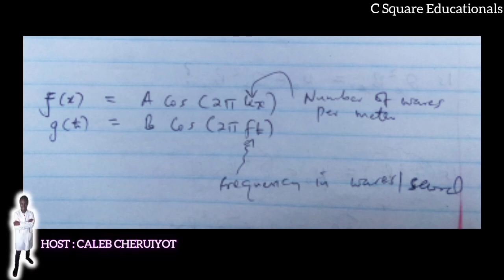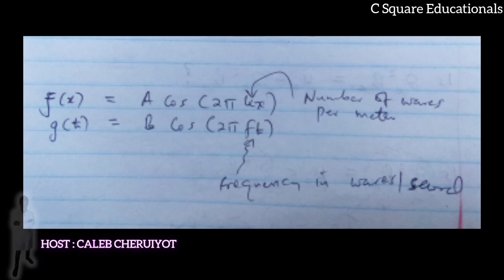f is the frequency, that is, waves per second. k is the number of waves per meter. You can think of kx as the spatial frequency analogous to ft, which is the time frequency.